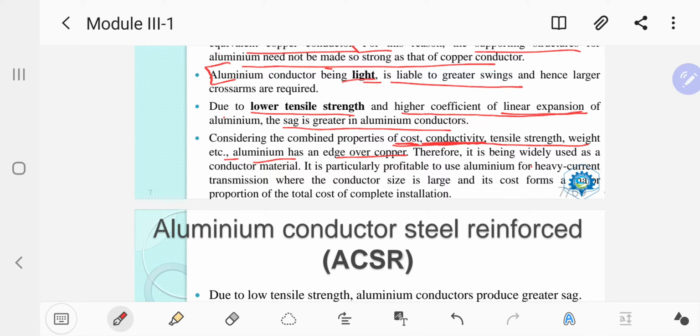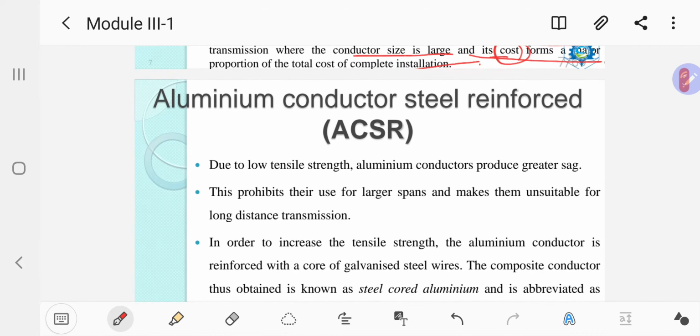So especially for the cost, we can go for aluminum. In the case of long transmission lines, we will go for aluminum. It has to carry heavy current, and the conductor size is large, but still the cost forms a main important proportion of the total cost, and that is why we go for aluminum.